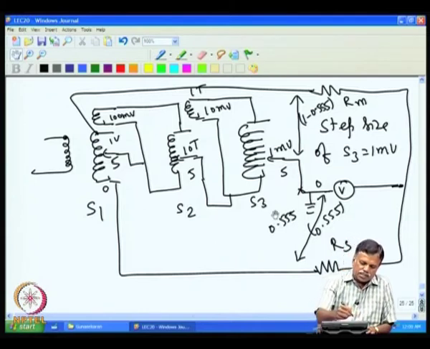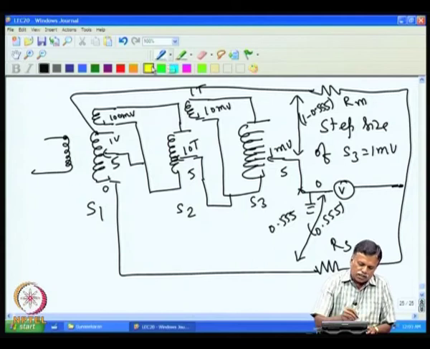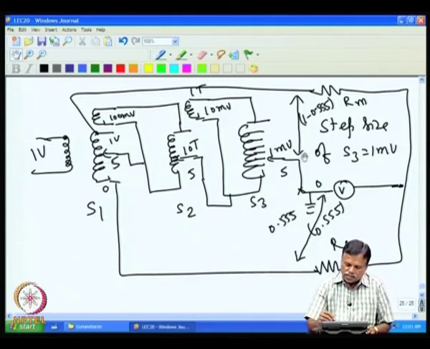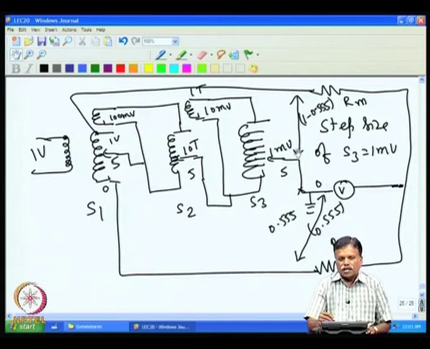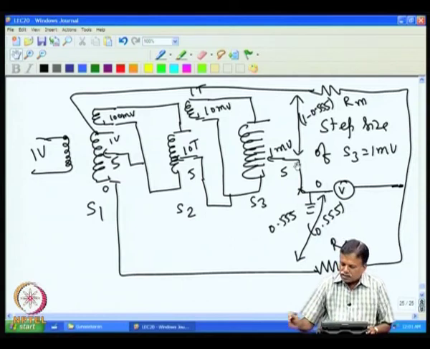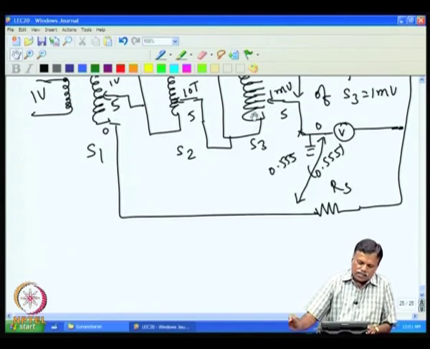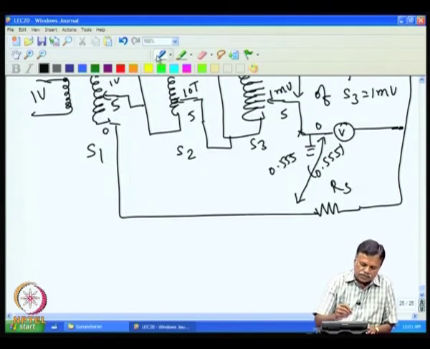Suppose we apply 1 volt here, and this voltage changes. Then all the voltages change proportionally, this voltage and this voltage, and that has no effect on the balance of the bridge. So even if the excitation voltage changes, that has no effect on the balance.